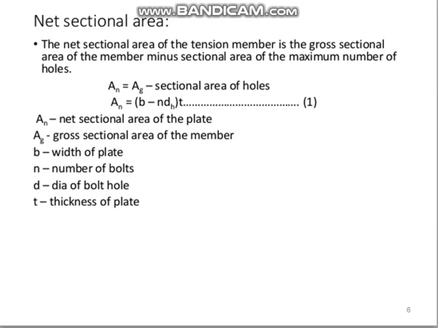Here, this is the formula for a plate to calculate net sectional area, that is AN equal to (B minus N D H) into T, where AN is net sectional area of the plate, AG is gross sectional area of the member, B is the width of the plate, N is the number of bolts, DH is the diameter of the bolt hole, and T is the thickness of the plate.